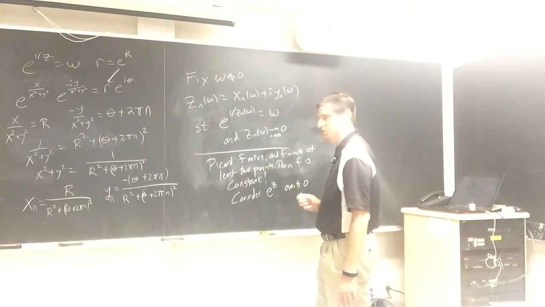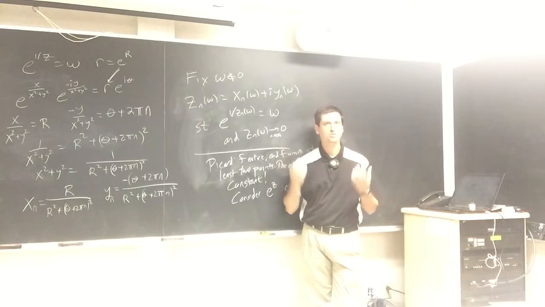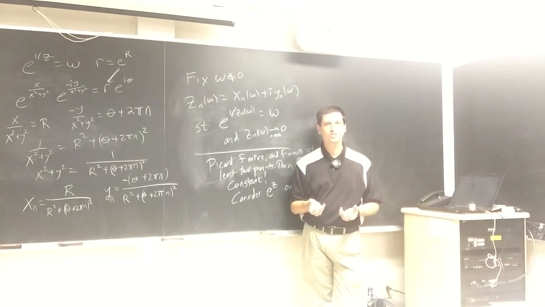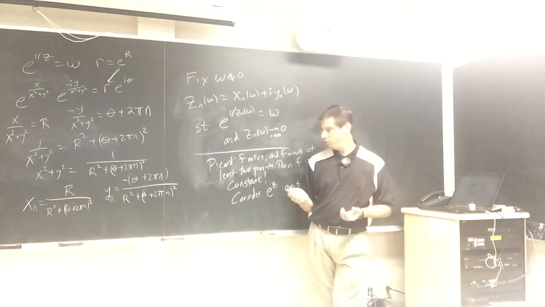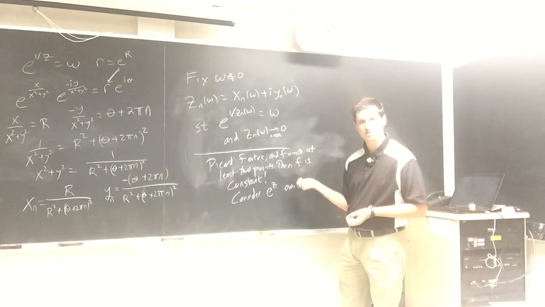It omits only 0. So we've talked about elephant gun proofs or tactical nuclear proofs, just really throwing the kitchen sink at a problem. I want to prove that I can solve e to the z equals w for any w other than 0. I know e to the z is never 0. By Picard's theorem, if it omits 2 points, it's constant.